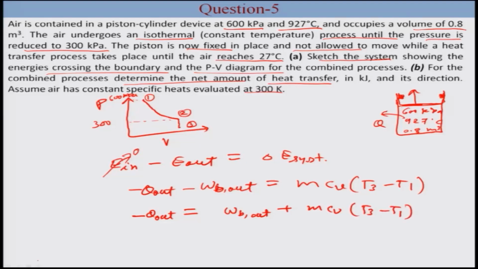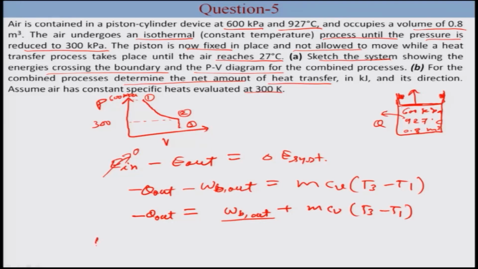We know this is the total work done by the system. Since the process undergoes an isothermal expansion from state 1 to state 2, and then an isochoric process from state 2 to 3.